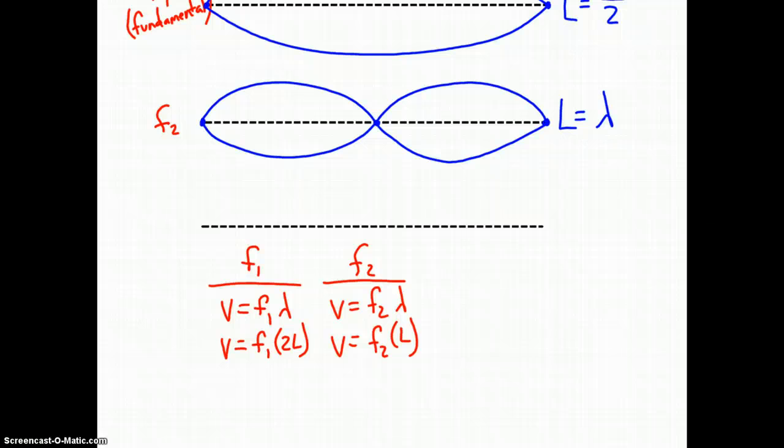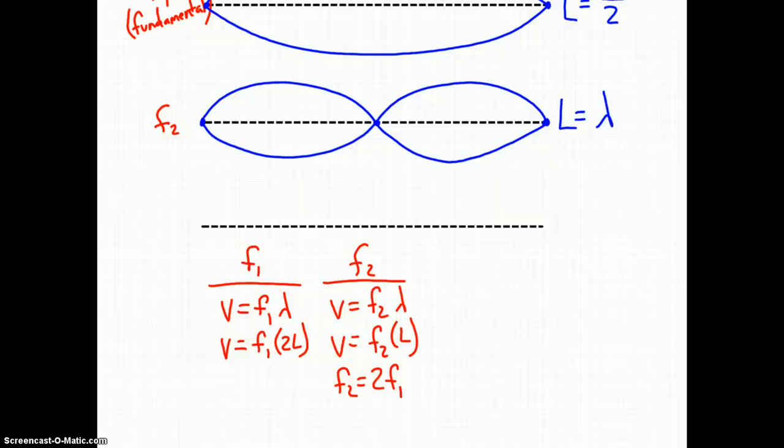So we could set these two equations equal to each other, V equals F1 times 2L equals F2 times L, and solve for F2 in terms of F1. L's cancel, and you can see that F2 equals 2 F1. That means the second harmonic is double the frequency of the fundamental frequency. And in music, we call that an octave.